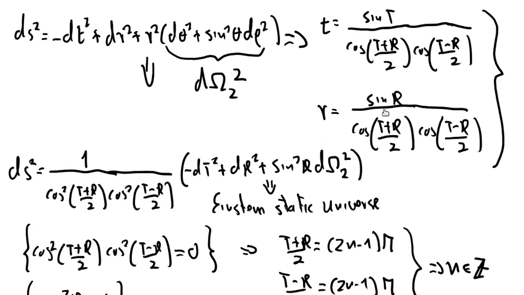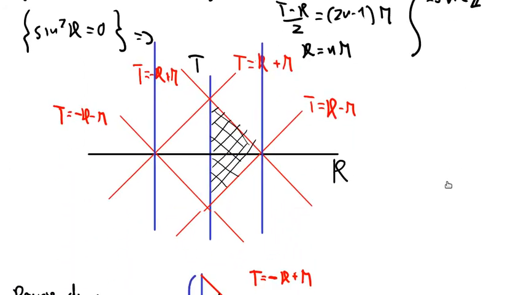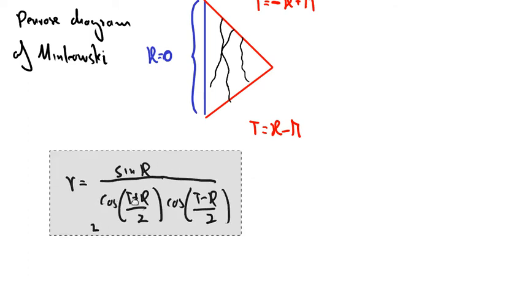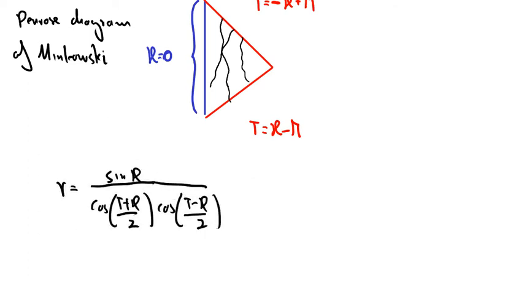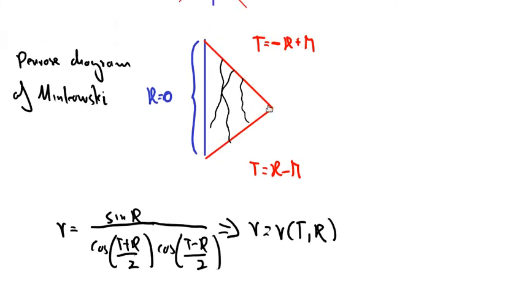If we now take this function, which is a function of t and r, let me put t first and r later, we can compute explicitly the limit of this function when capital T and capital R approach this boundary.